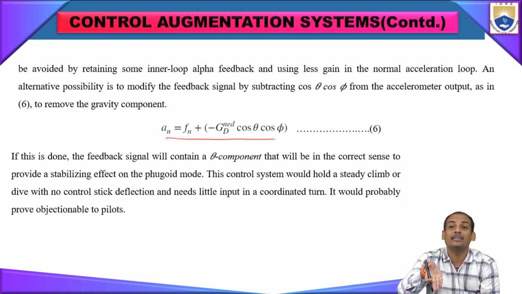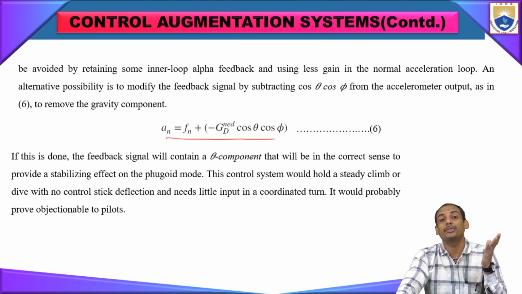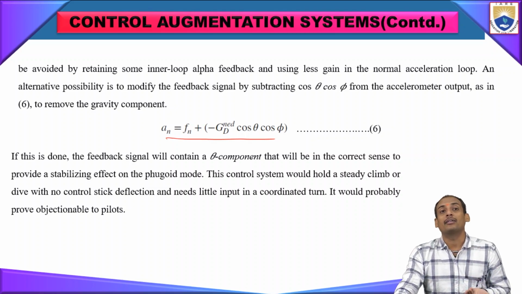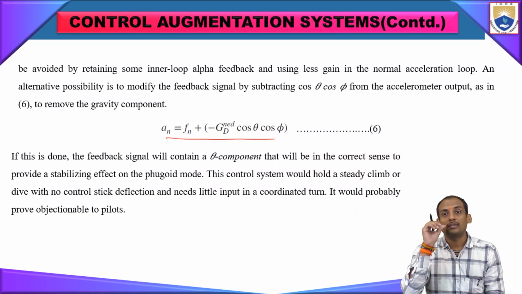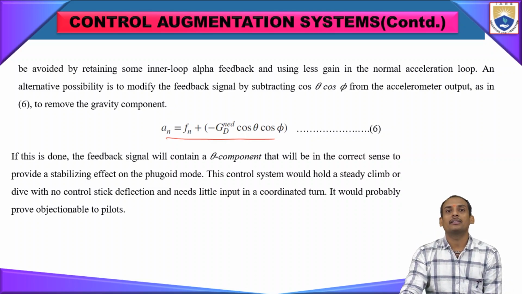So if you remember, we used this equation in the SAS system design. Here the theta component will be of the correct sense in stabilizing the phugoid mode. So the control system will have steady climb and dive with no control stick deflection. Also it will give more value, more control, for the normal acceleration.